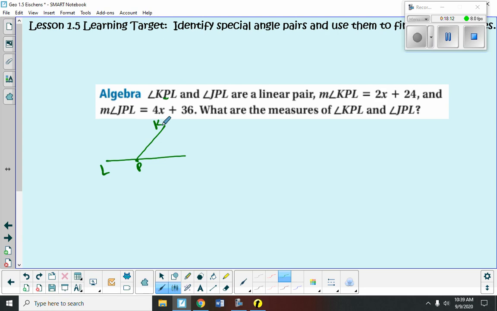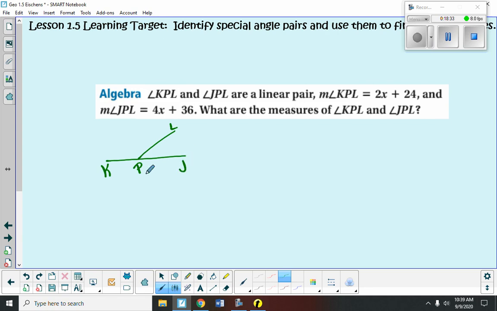I put those in the wrong spot. So these are a little bit trickier to draw. Let me go backwards. Okay, let's go this way. They both share L, so that's the one I need to have right here. That is P. So then this would be KPL, and then this would be JPL.